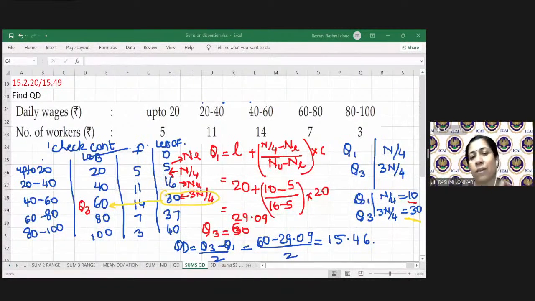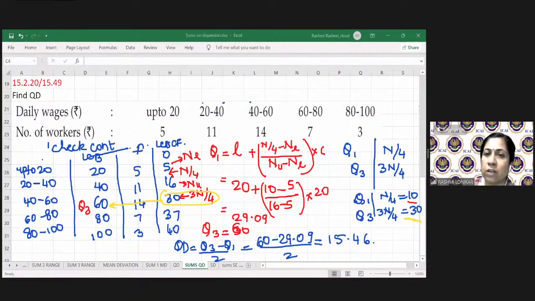Okay, so if I have a frequency distribution, the first step I need to do is, step 1, make sure that the distribution is continuous. Second step is to find out Q1 and Q3. To find Q1 and Q3, first find n/4 and 3n/4.